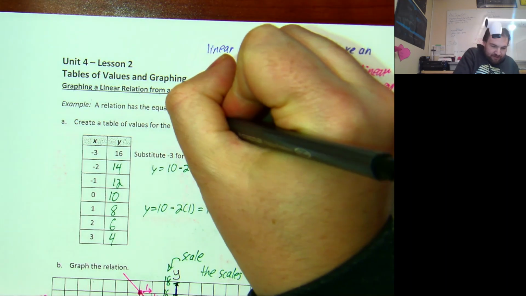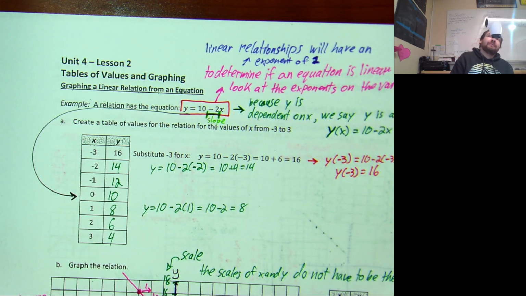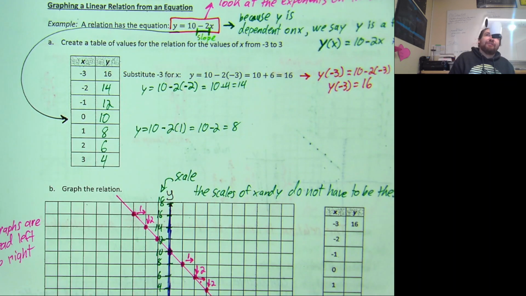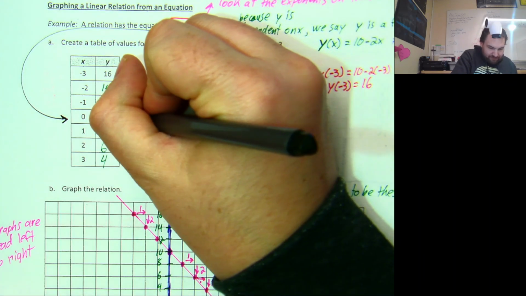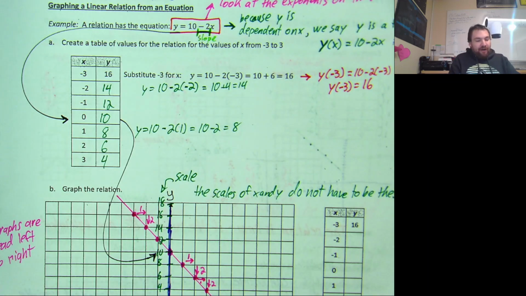So this thing is that point right there. And if we go back and look at our graph, this is where our line intersects the y-axis.